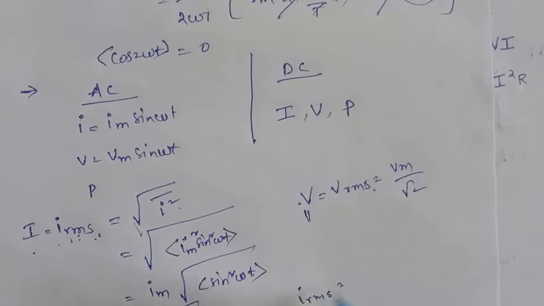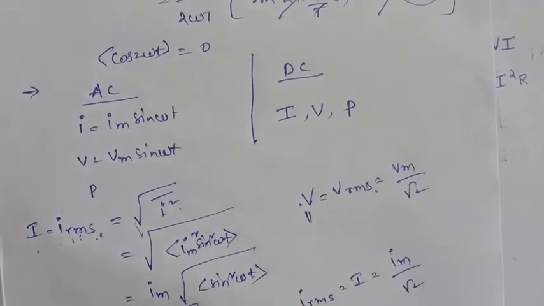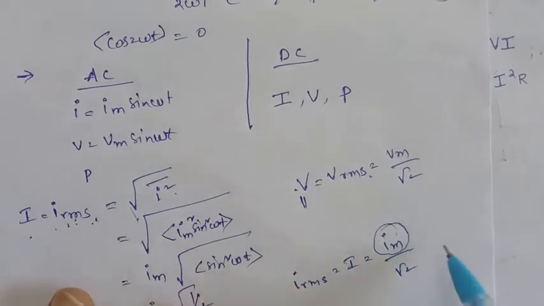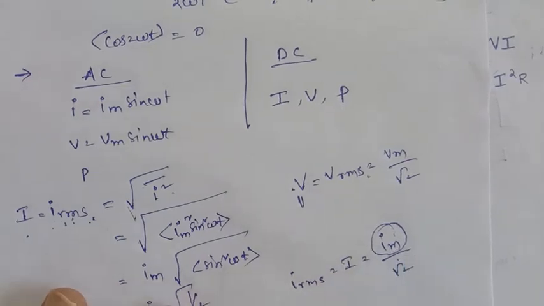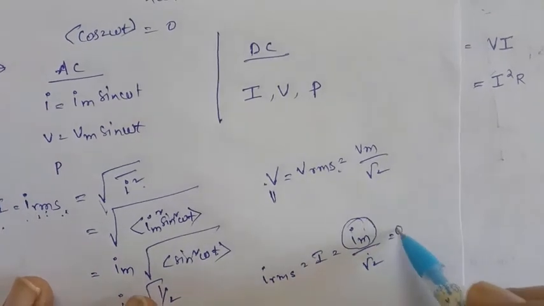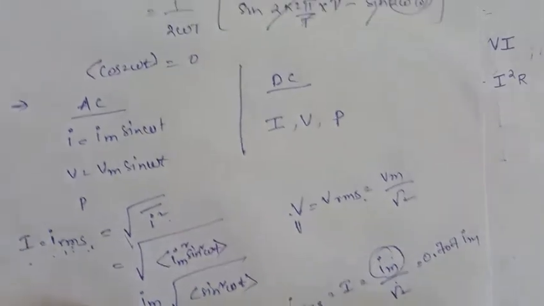IRMS means I, that is equal to Im by root 2. Okay, Im means the maximum current, that means the amplitude of that current is the maximum amplitude. It can be written as 1 by root 2, which is equal to 0.707 into Im. These are helpful.